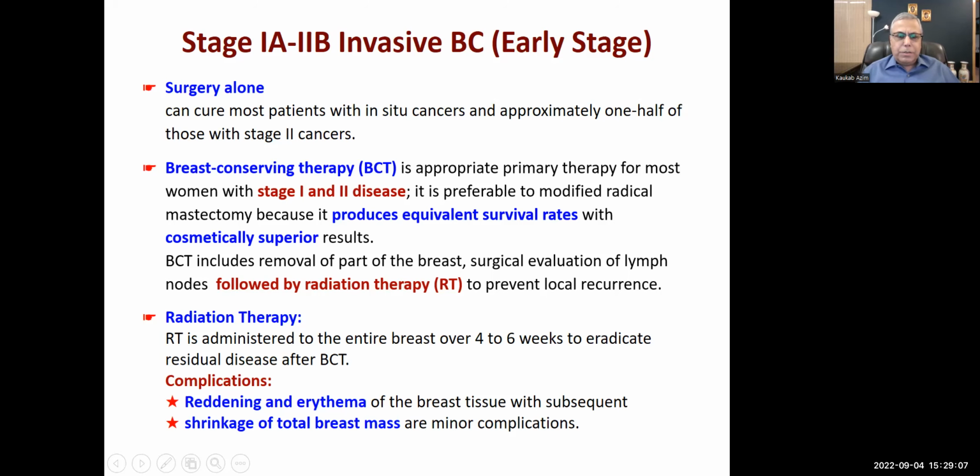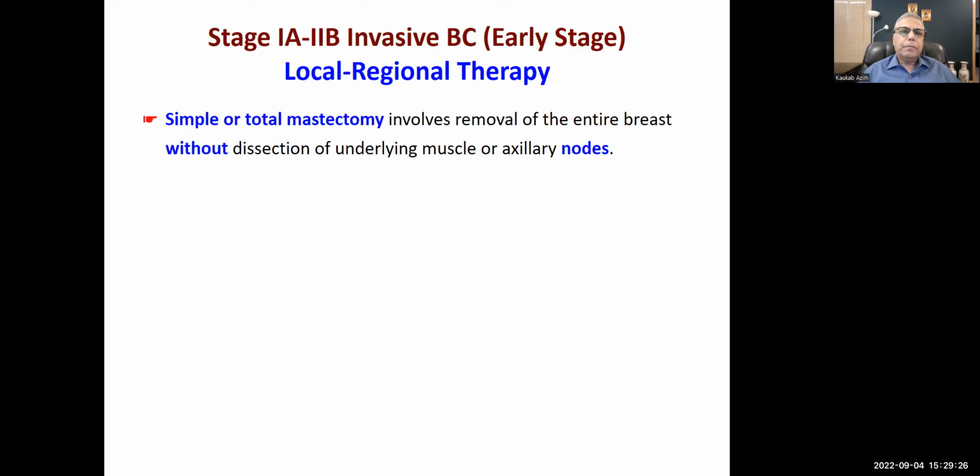And the complications of radiation therapy are reddening and erythema and shrinkage of the total breast mass, which are tolerable, okay? It is better than removing the whole breast, at least cosmetically. And cosmetics are very important, especially for females.